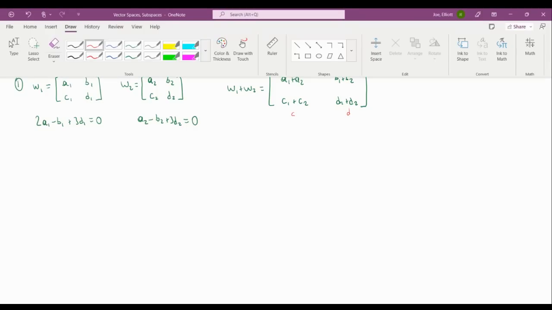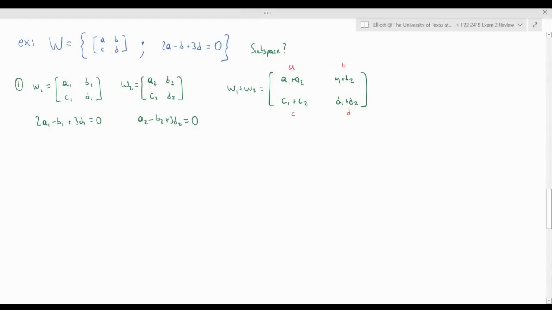And then we want to check if the sum is inside of our set. So to do that, we need to check if the sum of the two will satisfy this equation, okay? So if I take 2 times the first entry, minus the second entry B, which is B1 plus B2, plus 3 times the last entry D, which is D1 plus D2, I want to check: is this going to be equal to 0?